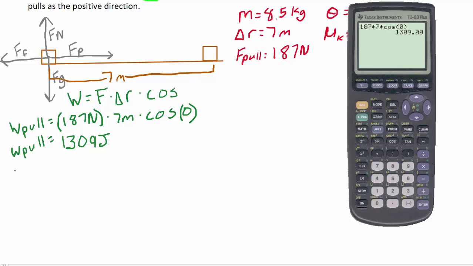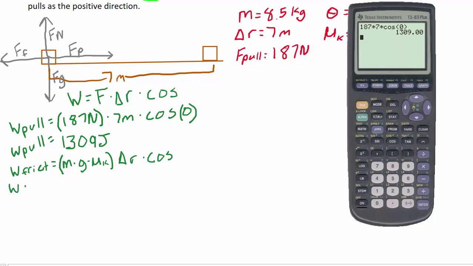Okay, so now we'll do the same thing for each of the forces. So for the friction force, first we need to figure out what the force is for friction. And so that should be mass times gravity times the coefficient of friction times the change in distance times the cosine.